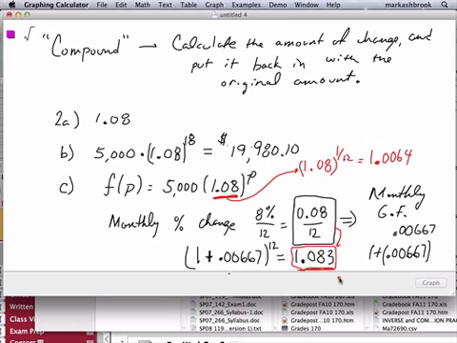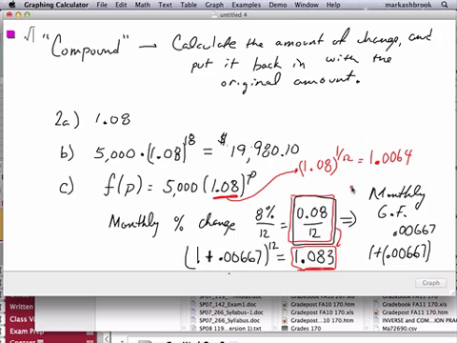Which would you rather have? Okay, so because we'd rather have this way, we need to learn this way, even though it kind of contradicts what we've said so far. It's taking the percent change and simply dividing it by 12. But that's how banks do it, and it's advantageous for us who are gaining interest.